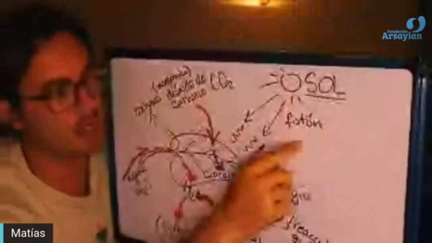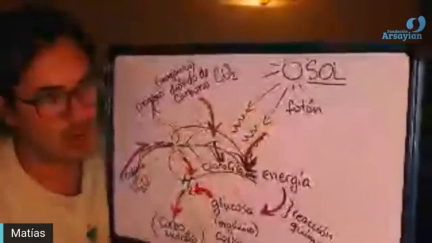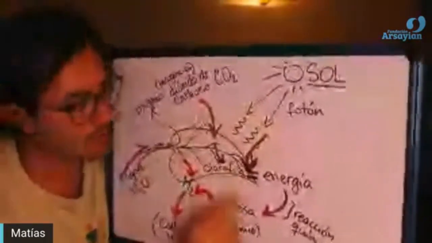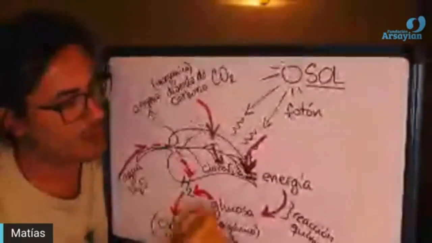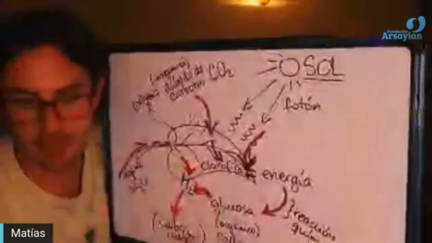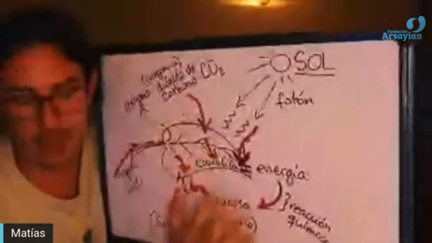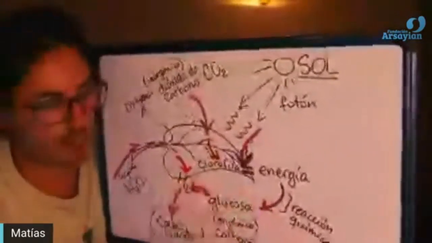So from the sun, the rays of the sun, we get photons, which are all these particles that in a certain wavelength, which is around 500 nanometer, the chlorophyll gets. That's why we see the trees green, because of the wavelength that the chlorophyll gets the light.